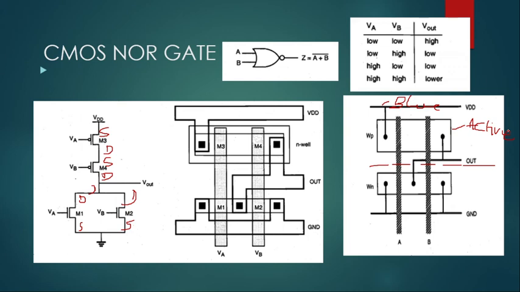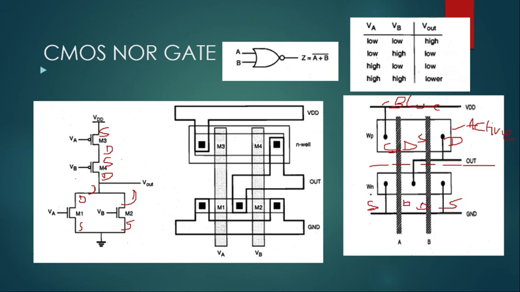This is also one type of implementation. Here you show the active area, and this terminal is your source, this is drain, this is source, this is drain. Okay, and this will be your sources. Both the sources are grounded, and these are the common drain terminals for your transistors.